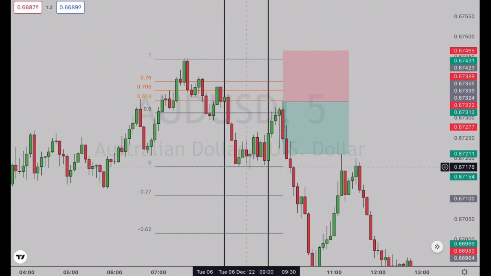We have a range, and our bias is bearish. What that means is that we are looking for shorts. Yes, you could say, why didn't I take this trade?